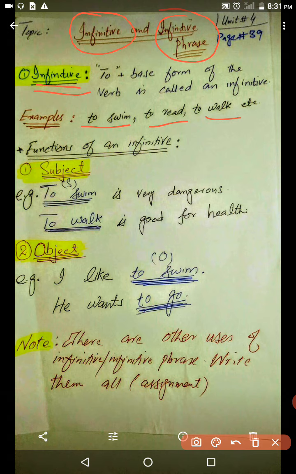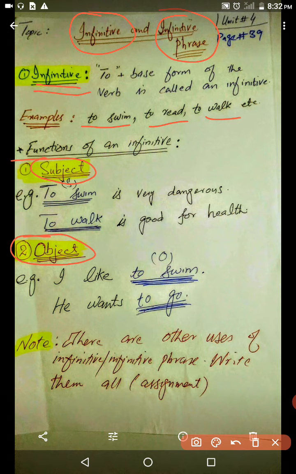Our next question is that what are the functions of an infinitive? So infinitive has two main functions. One is the function of a subject and the other is the function of an object. But that does not mean that infinitive is having only these two functions.